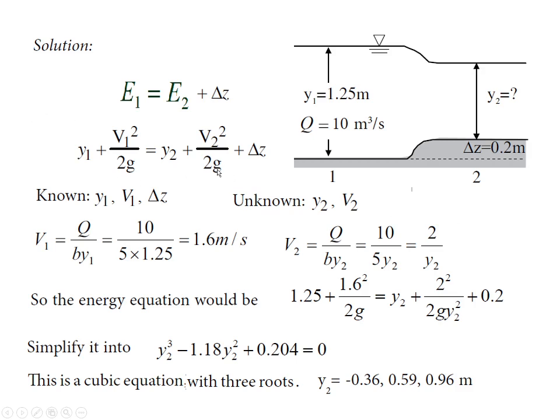Now, in this equation, y1 and V1 are known, I don't know y2 and V2, but I know that V2 is a function of y2. Therefore, I can write this equation like this: 1.25 plus 1.6 squared over 2g equals y2 plus 2 to the power of 2 divided by 2g y2 squared, plus 0.2.